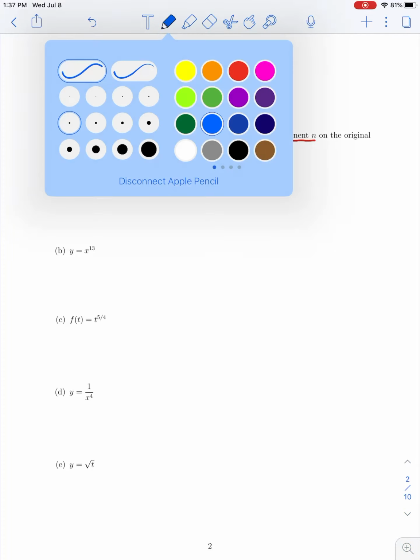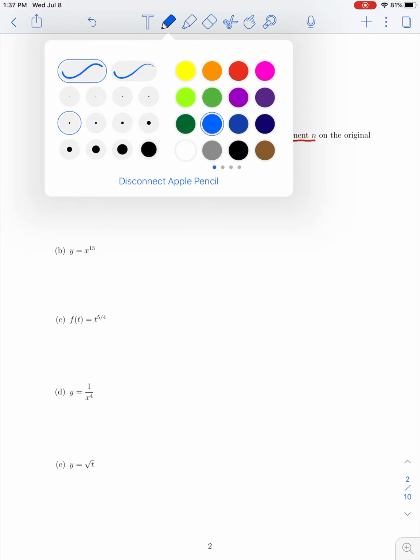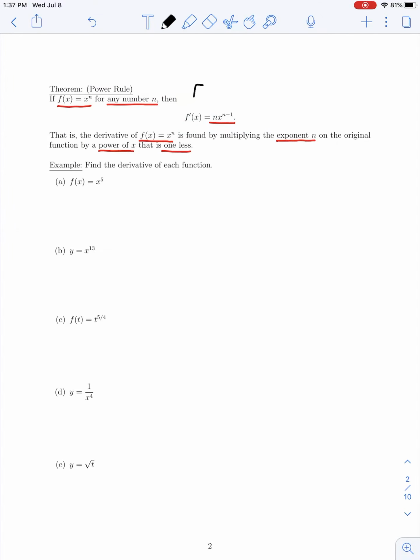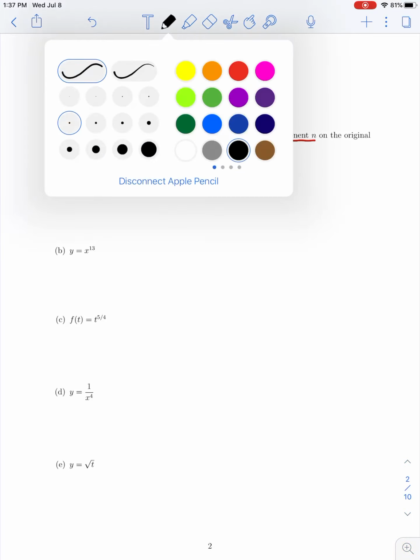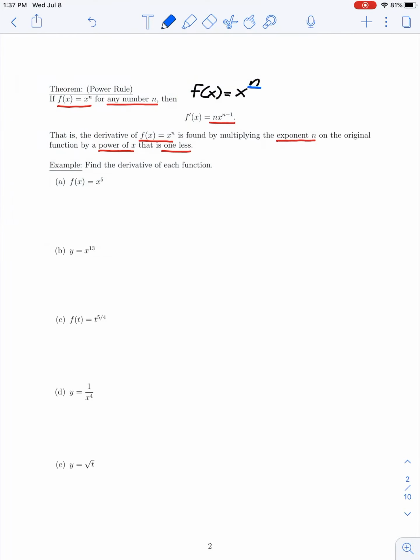Or in other words, we can think about our function f of x as x to the n. So this power rule says to find the derivative of that function, we take the exponent n and we pull it out in front of our variable x, and then the power of x is reduced by 1. We subtract 1 from whatever the power was.